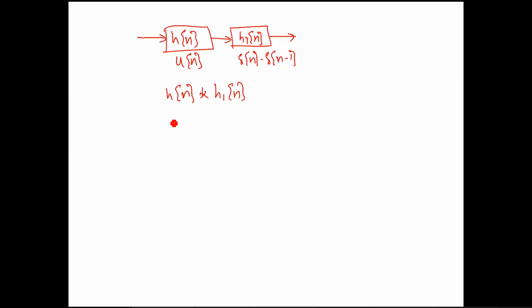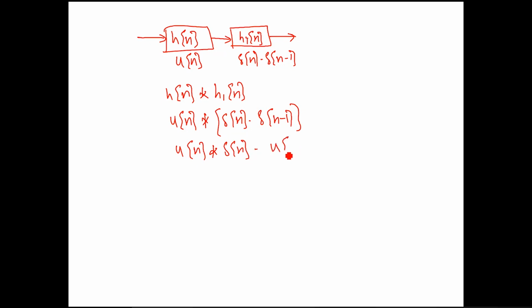So if we do convolution, we will end up getting u of n convolved with delta n minus delta n minus 1. So we can just open it up and do convolution of delta n minus u of n convolved with delta n minus 1.